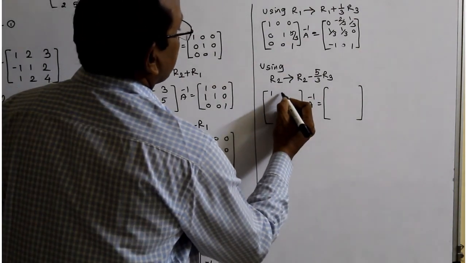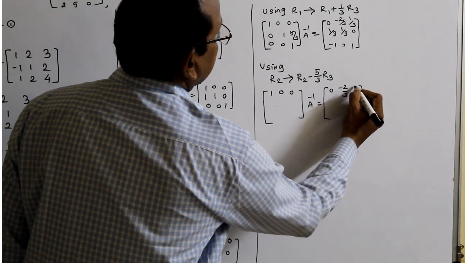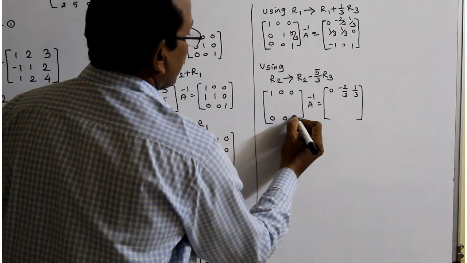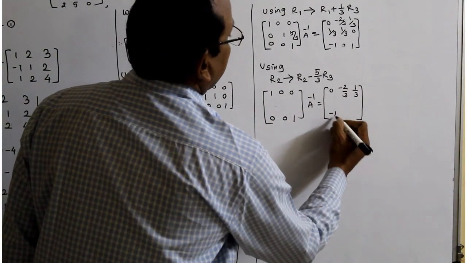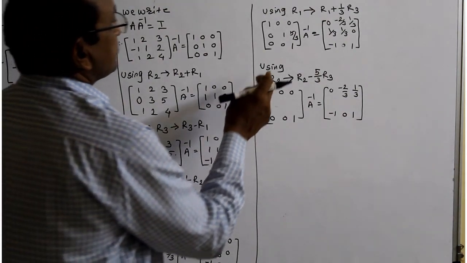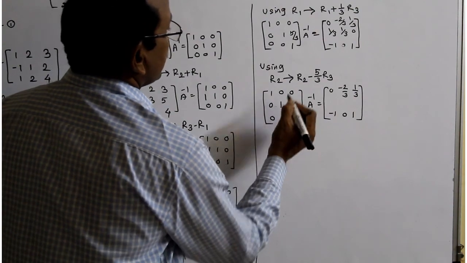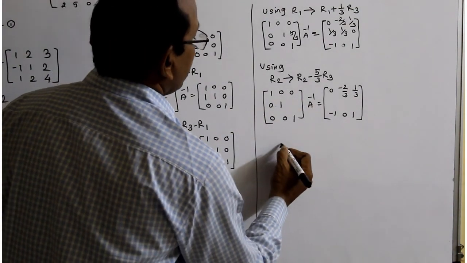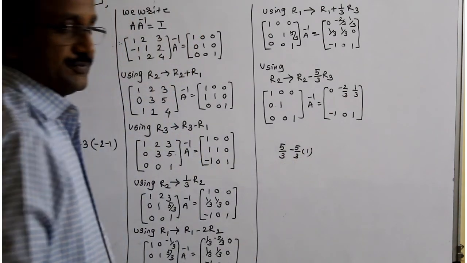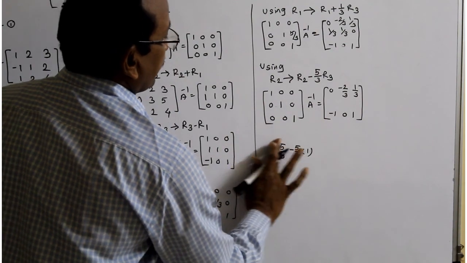Then it is 1 0 0, 0, minus 2 by 3, 1 by 3, 0 0 1, minus 1 0 1. So now operate here. 0 minus 0 is 0, 1 minus 0 is 1, then 5 by 3 minus 5 by 3 into 1. So 5 by 3 minus 5 by 3, which is 0.